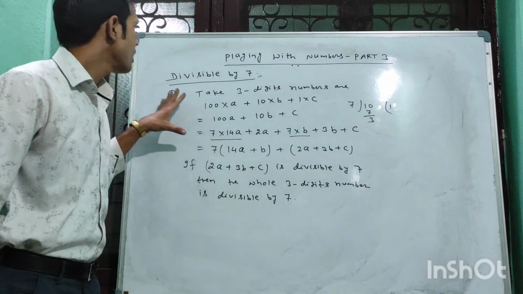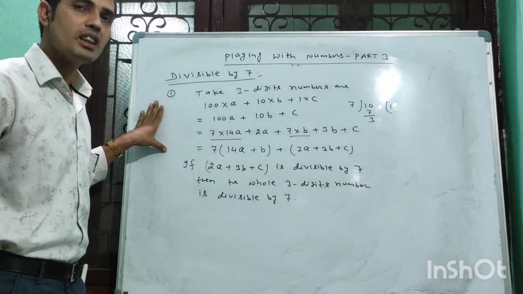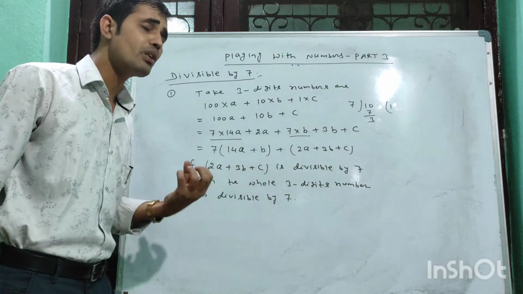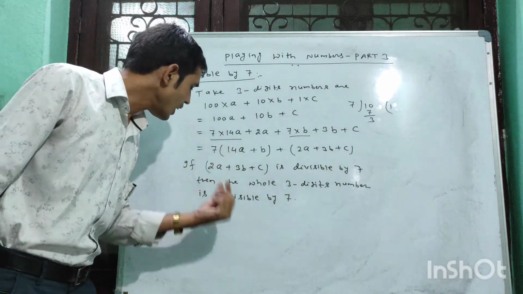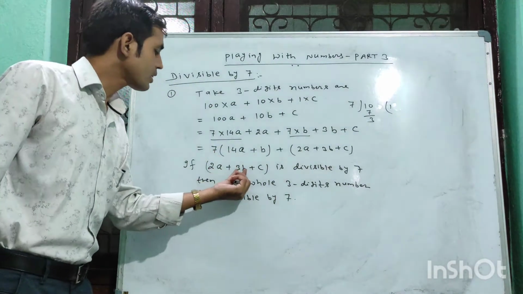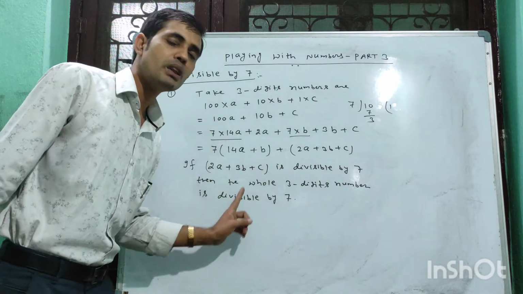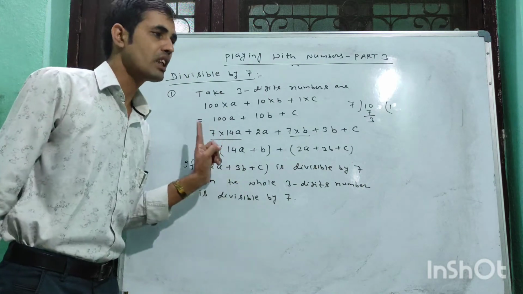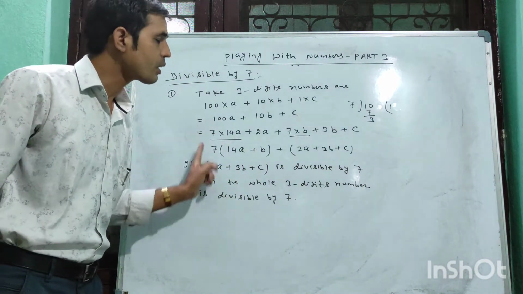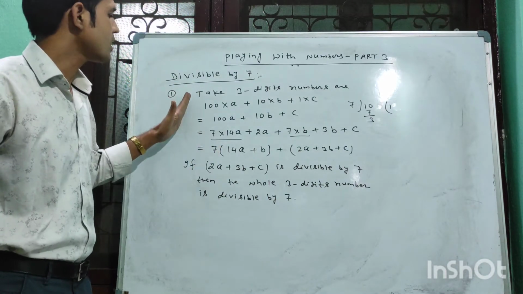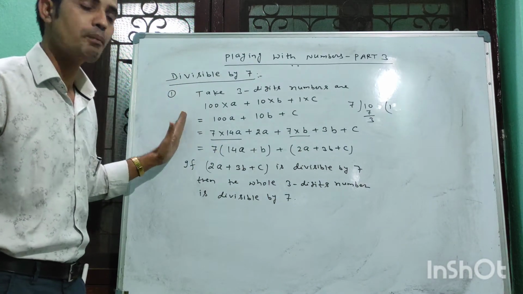So if we consider a 3-digit number, we can go through that. So finally, we should take 2A plus 3B plus C and check it. If it is divisible by 7, then we say that the whole 3-digit number is divisible by 7. So this is the step for 3-digit numbers.